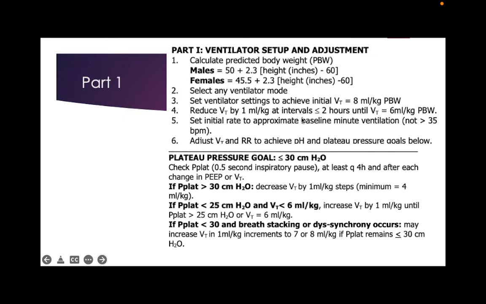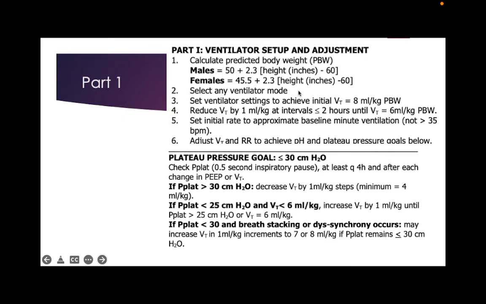So, 50 plus 2.3 times the height in inches minus 60. If someone is 65 inches, you're going to do 2.3 multiplied by 5 plus 50. So 2.3 times 5 is 10 point something, 11. That'll give us a weight of 61 kilos, okay?